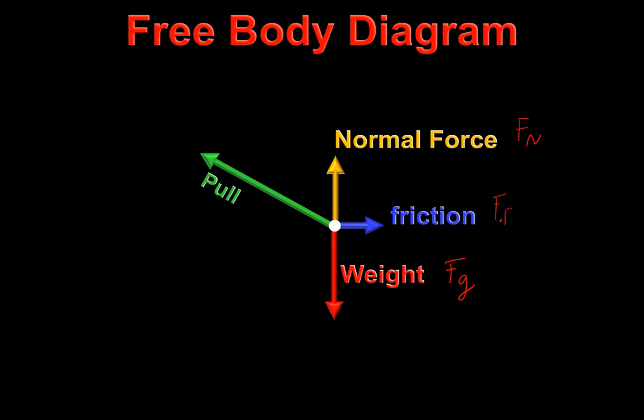And you have your force of friction and your force applied. When you're doing a free body diagram, though, you do not break it down to its x and y components. It's just purely your basic forces. You only break it down when you start doing the math.